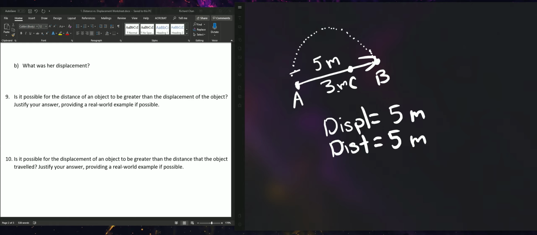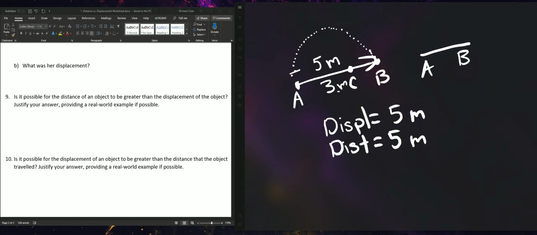But number 10, on the other hand, is it possible for the displacement of an object to be greater than the distance? From what we're seeing here, definitely not. Because if we make this any shorter, our distance ends up being equal to displacement. No matter what we do, if we go from point A to point B, that's my displacement.